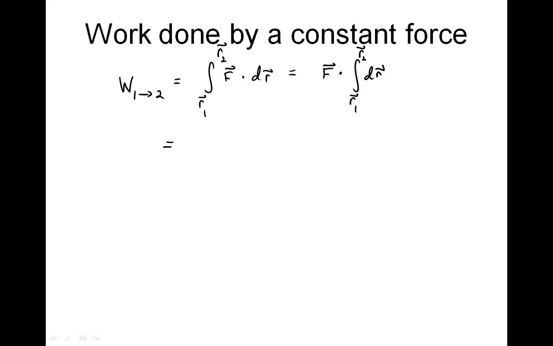When I integrate just dr, I get the displacement delta r from r1 to r2. These are all vector quantities. And so this is just equal to F dotted with r2 minus r1, vector, vector, not the dot product. And so that would be the work done by a constant force going from r1 to r2. And this is a common enough situation that we wanted to bring it out, and we'll look at it again.